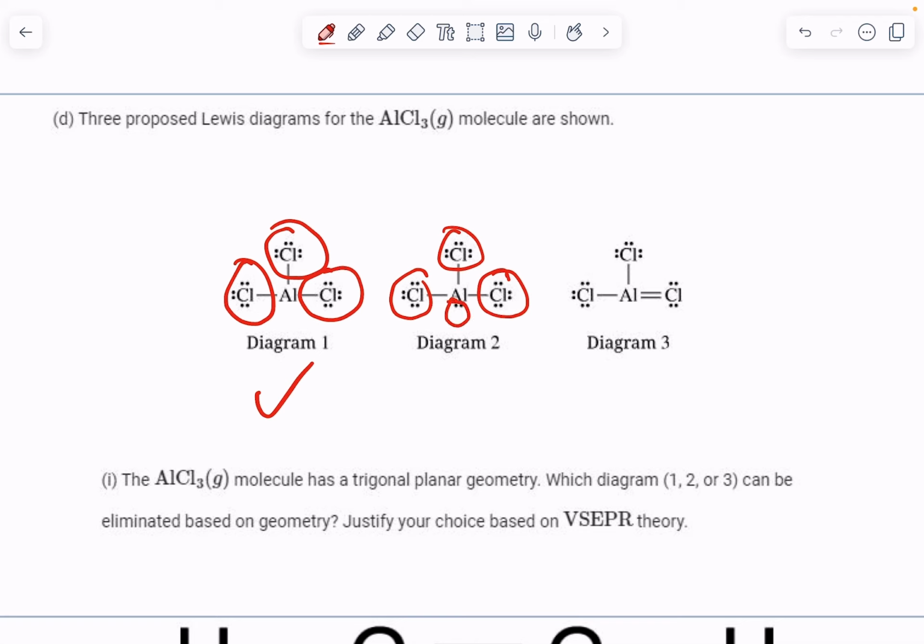So that actually is a tetrahedral shape. So that can't be trigonal planar. And this one also has 1, 2, 3 domains, so it's good. So for this question, diagram 2 does not have trigonal planar geometry.